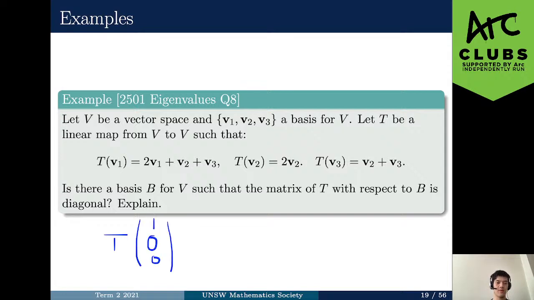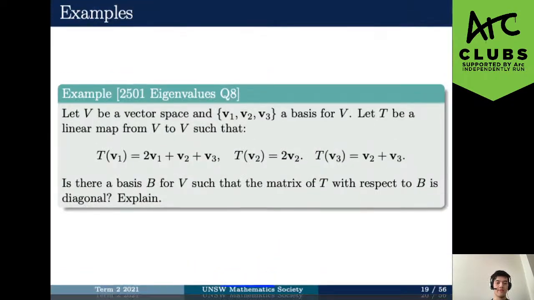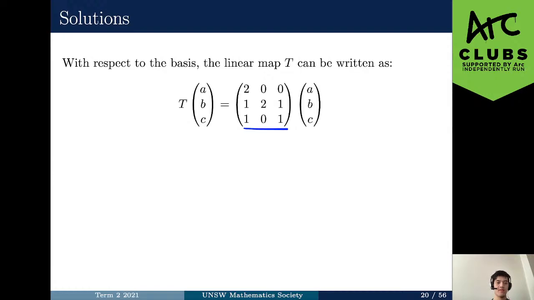If I use v1, v2, v3 as my basis, then 1, 0, 0 would be v1 with respect to this basis. So if I apply t to 1, 0, 0, then the answer I get would be 2, 1, 1, with respect to this basis again. And so if I do the same thing for v2 and v3, this would be the matrix to represent this linear map.